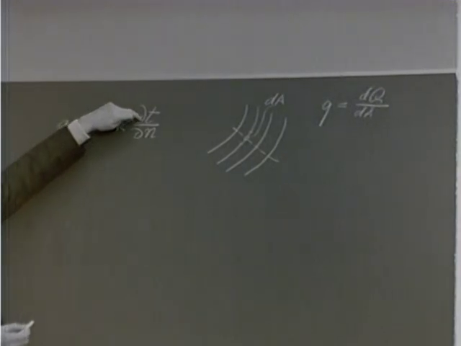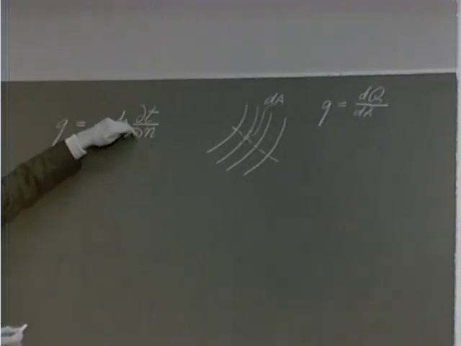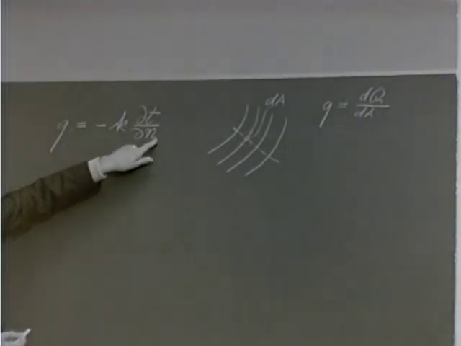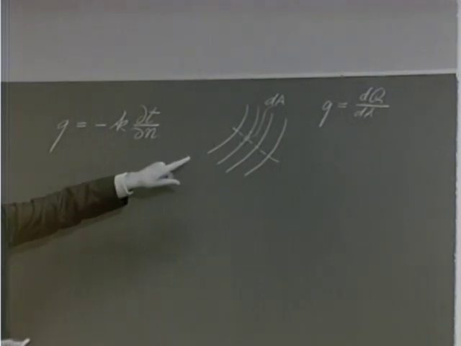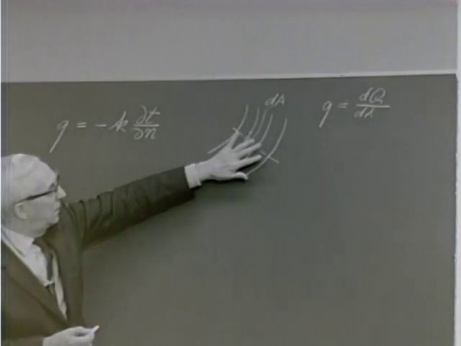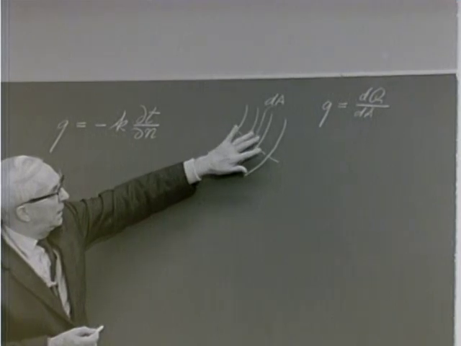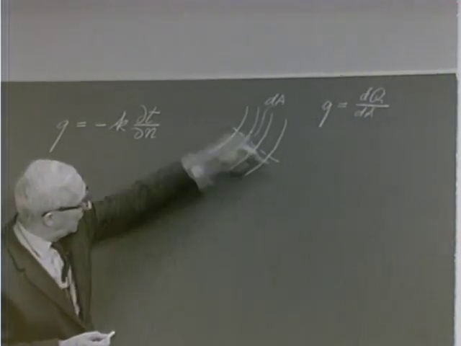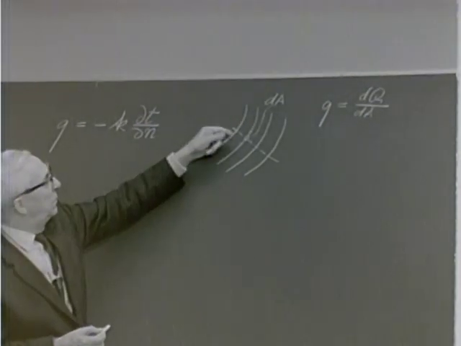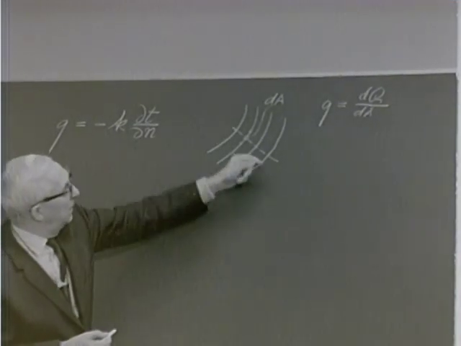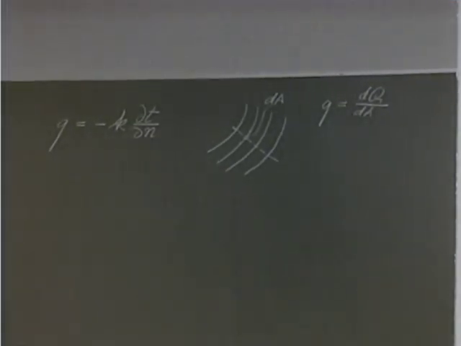Now, these are partial differential signs. They indicate the procedure we have made: we consider the situation at a certain moment, so we keep the time fixed, but we find the temperature variation along the normal n.